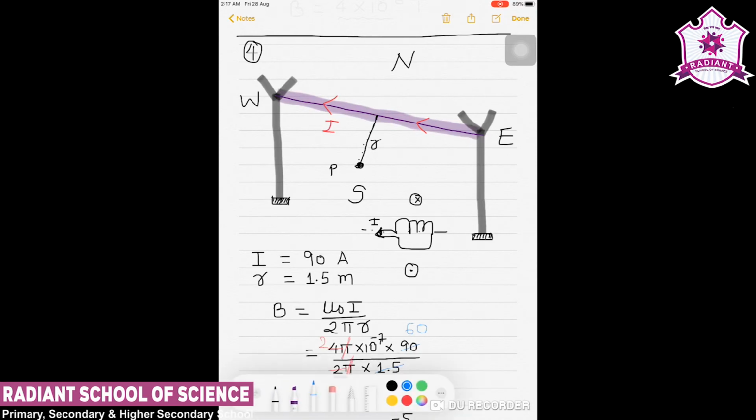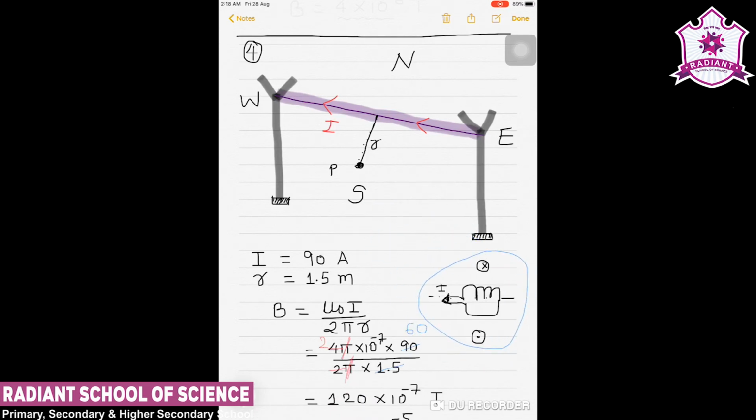This can be explained separately. Now if we apply it to our given region, in our given question the current is moving from east to west.